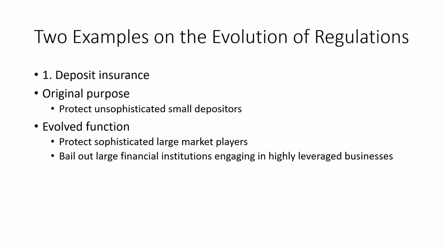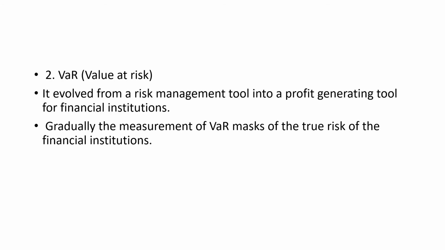This insurance bailed out large financial institutions engaging in highly leveraged businesses. 2. Value at risk. It evolved from a risk management tool into a profit-generating tool for financial institutions. Gradually, the measurement of value at risk masked the true risk of the financial institutions.